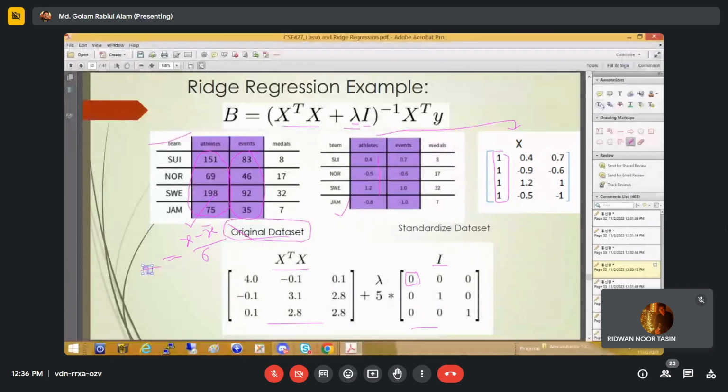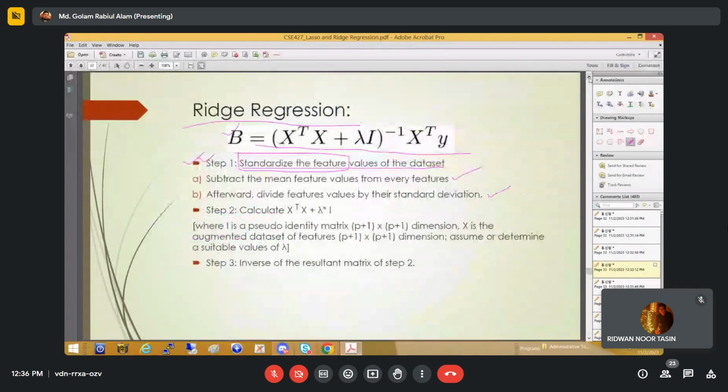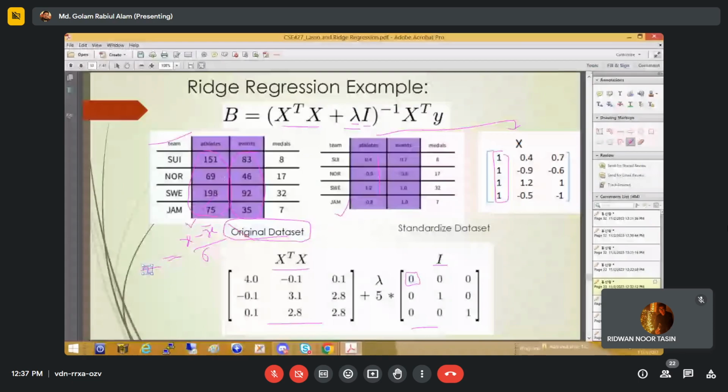It means subtracting the mean feature value from every feature. At first we have to find the mean value, x bar.